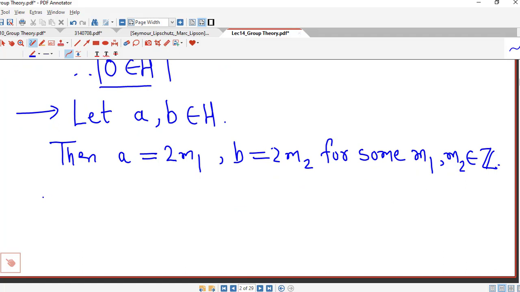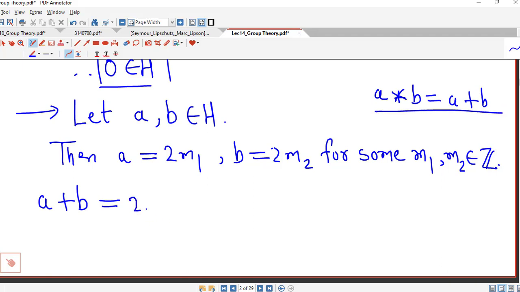Here the operation star is nothing but addition, so a star b equals a plus b. a plus b can be written as 2m1 plus 2m2, that is 2 times m1 plus m2.